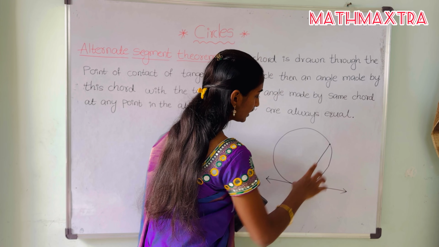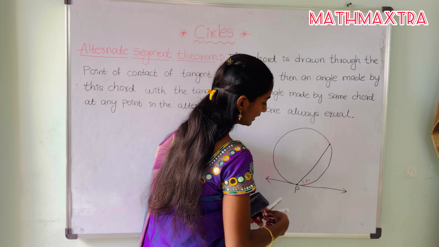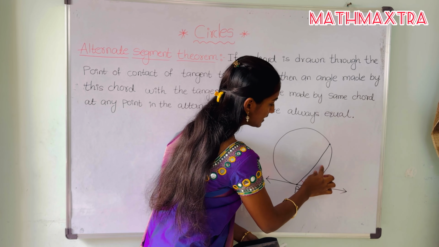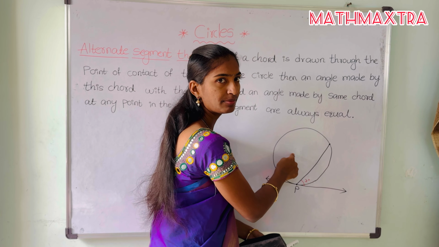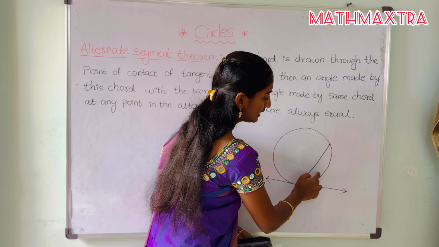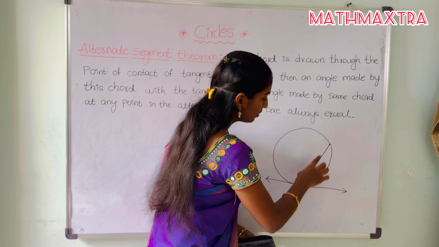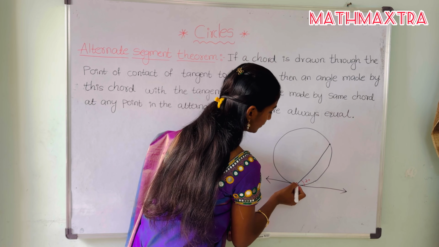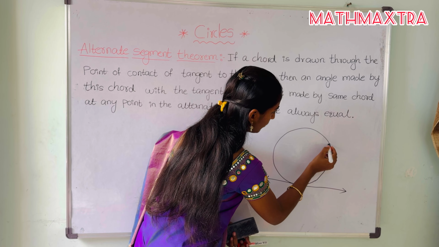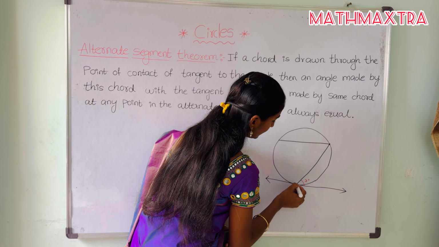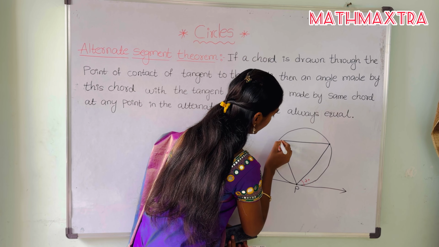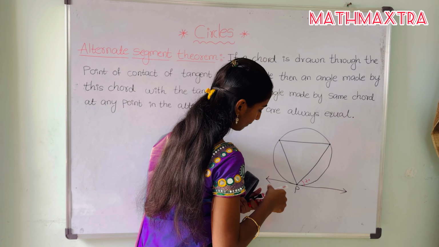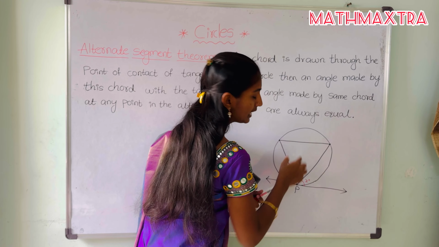Because of this chord, the circle is divided into two segments. This is one segment, this is another segment. Now if this chord makes an angle in another segment, that is, if you join the end points of the chord at any other point on the circle, this is the angle made by the same chord in another segment.